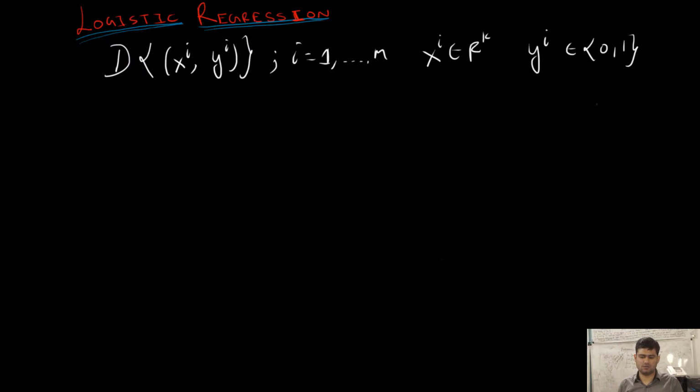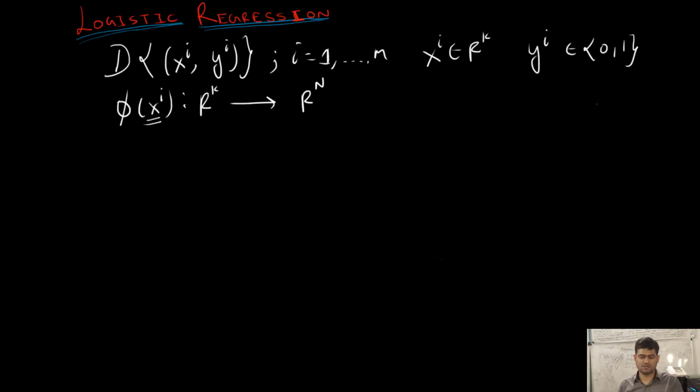Furthermore, we have a basis function, a feature function phi, which takes an xi and maps a k-dimensional real vector to some n-dimensional real vector, which is perhaps a nonlinear representation of the input data points xi.